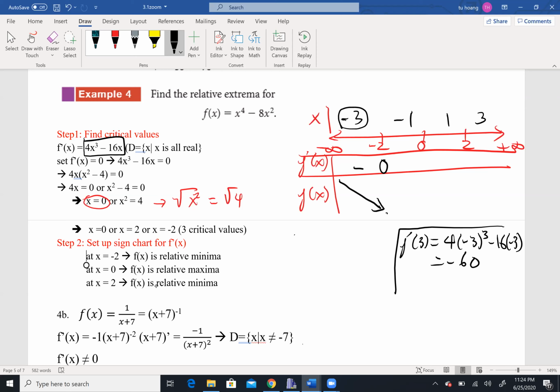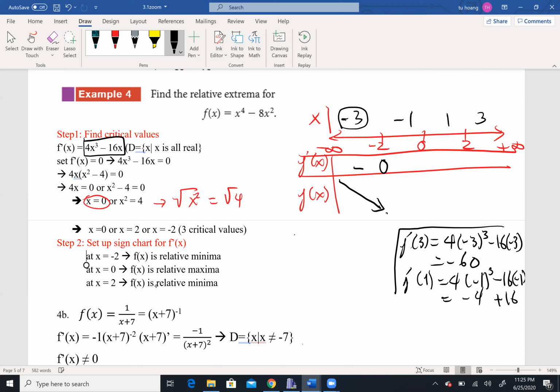So I'm going to put negative 1 into f prime of x. I have f prime of negative 1 equals 4 times negative 1 cubed minus 16 times negative 1. So we're going to have 4 times negative 1, which is negative 4, and then plus 16.